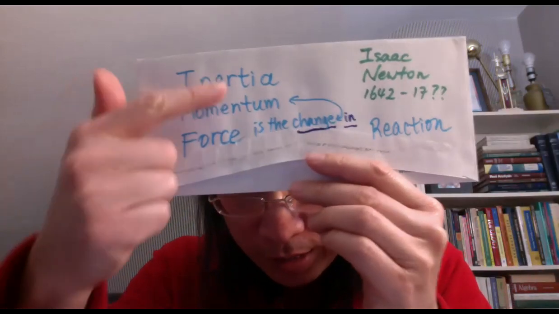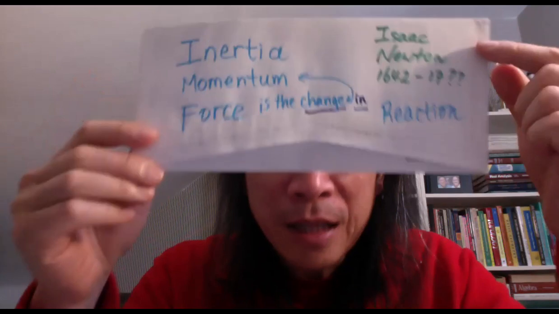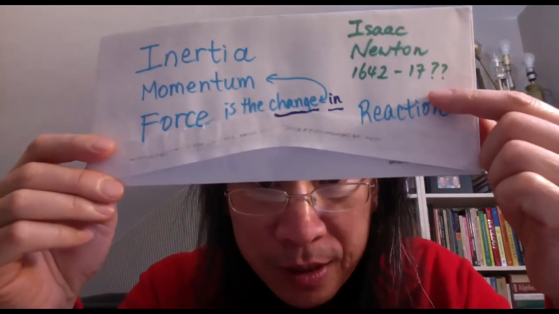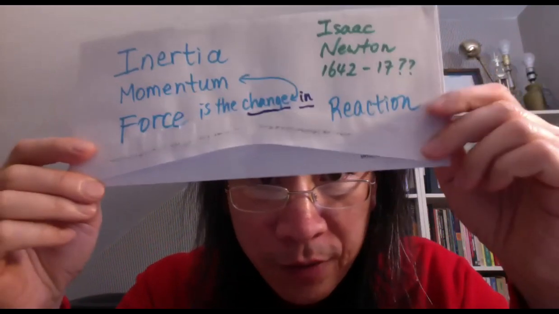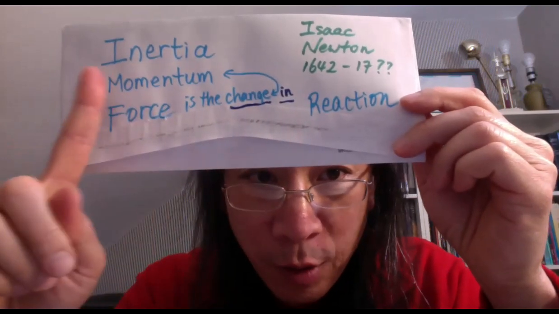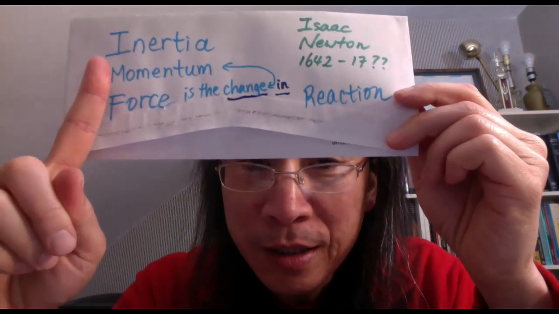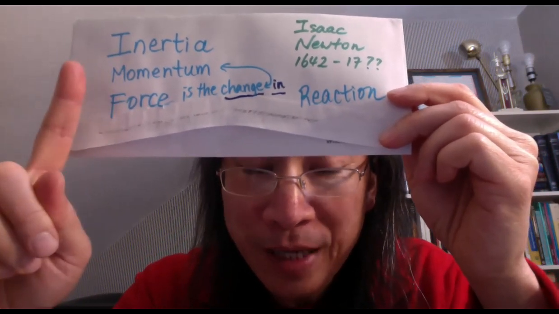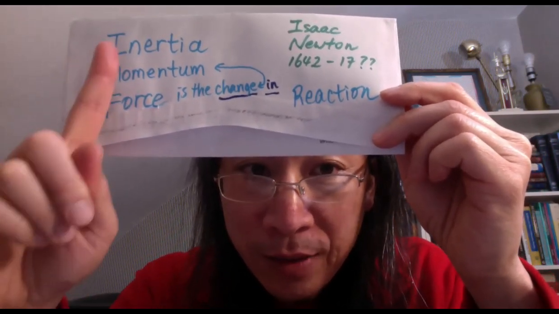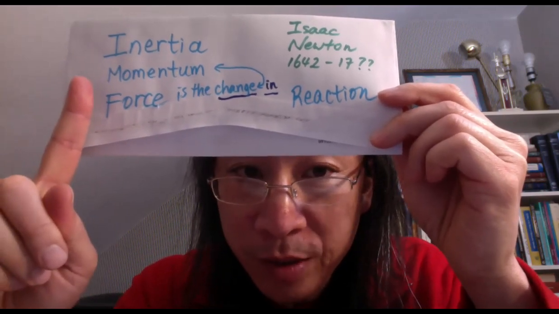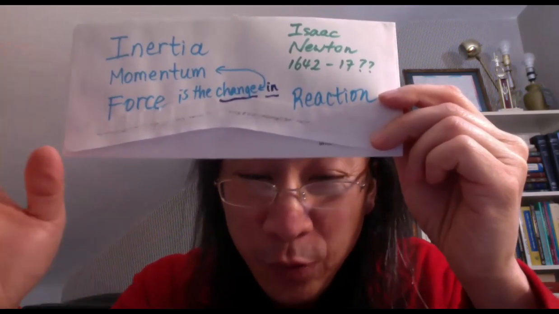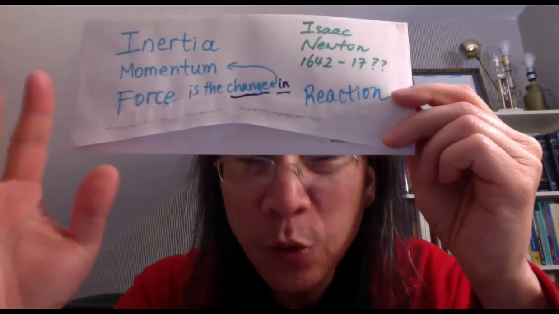We got to the point where Isaac Newton, building on Galileo Galilei's work, came up with the ideas that would become part of his 3 laws of motion. One, the law of inertia: an object in motion tends to stay in motion in a straight line unless acted upon by an outside influence. Now that's also momentum, right? Momentum being the amount of something moving at any given time, a measure of the amount of motion of an object.